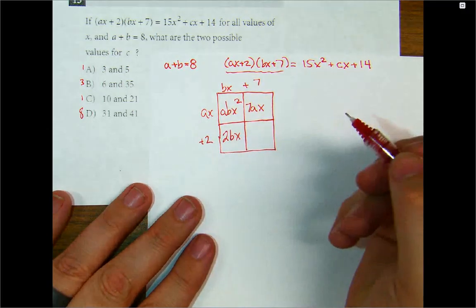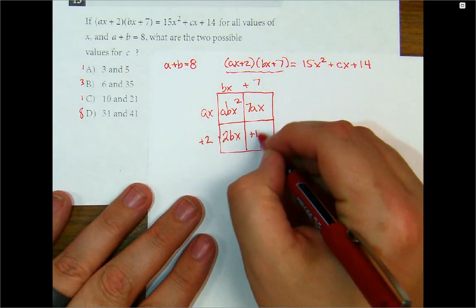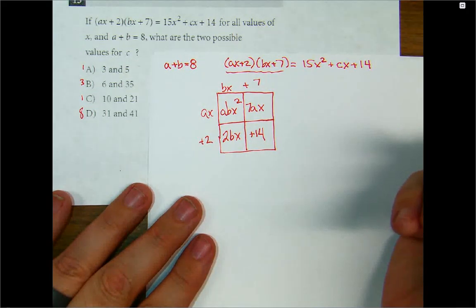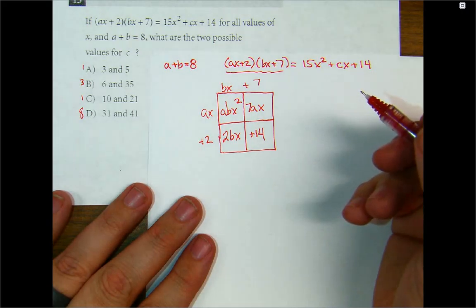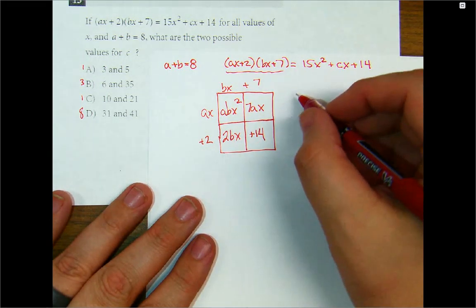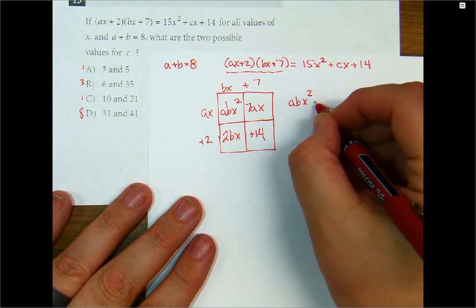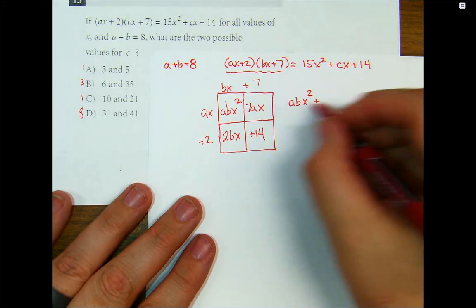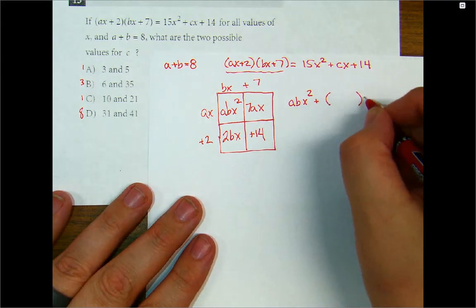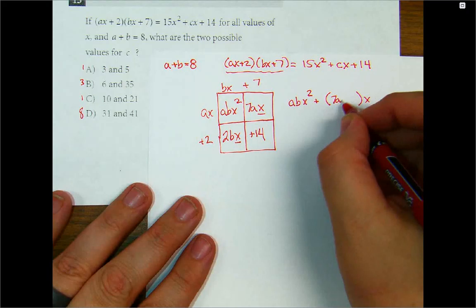And then the last number is 14. So if I add this stuff up, I'll get ab x squared, plus, if I factor out an x because they both have x's, you get 7a plus 2b, which is going to be really important, plus 14.